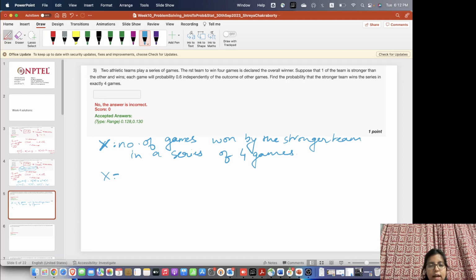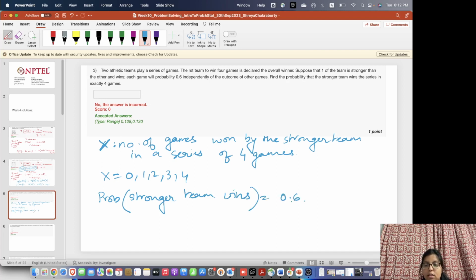So x can take values 0, 1, 2, 3, 4. The stronger team could lose all the games, or could win all the games, in which case x would be exactly equal to 4, and there could be 1, 2 or 3 wins. Also the probability that the stronger team wins is equal to 0.6. So x here follows a binomial distribution where n equals 4 and the success probability, that is probability of winning, is 0.6.